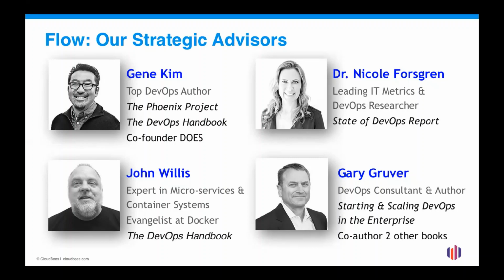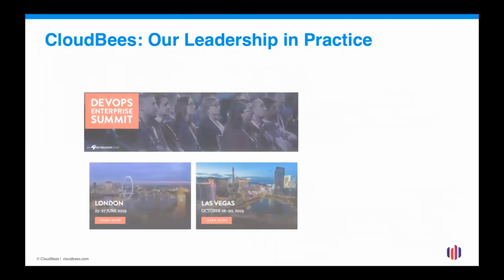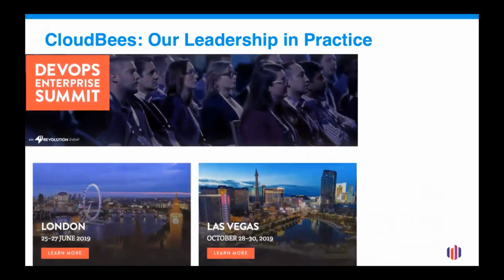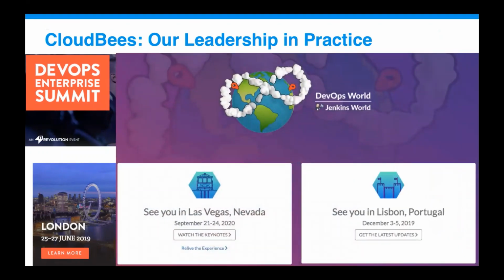So we believe that we are working with the right people, and we also have the right events worldwide. We are at the genesis of the DevOps Enterprise Summit, which is run by Gene Kim nowadays. It happened in London in June and will happen in Las Vegas at the end of October. And we also are the fathers of DevOps World, Jenkins World.